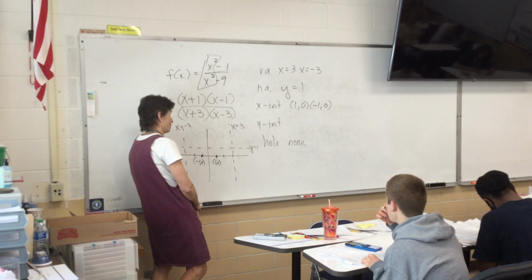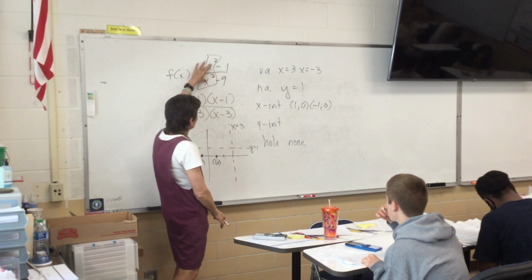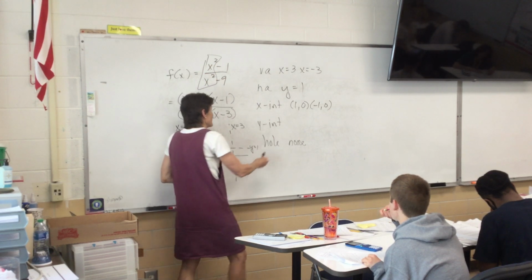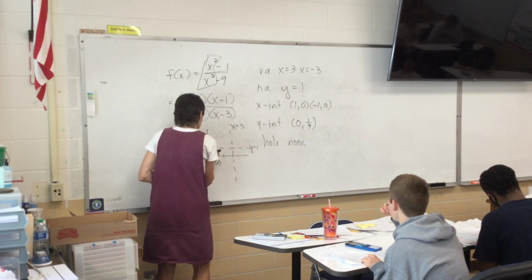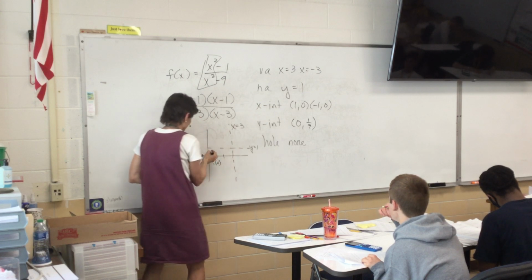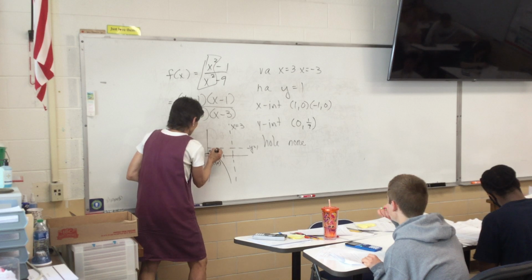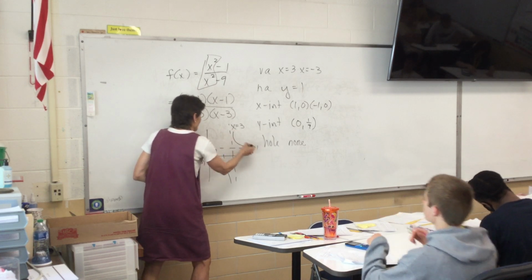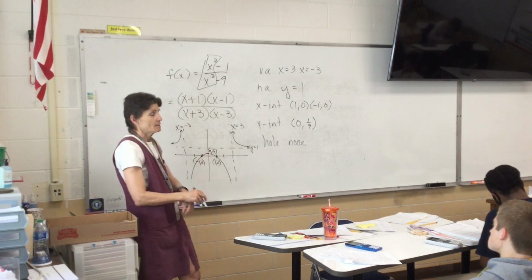No, it's not that. If I put 0 into my problem, I get 1/9. And that is your y-intercept, 0, 1/9. So if you sketched it, which you don't have to do, you would get a picture that looked like that. That would be what it looks like.